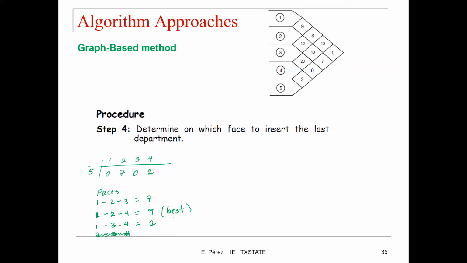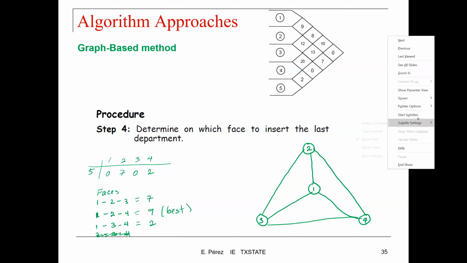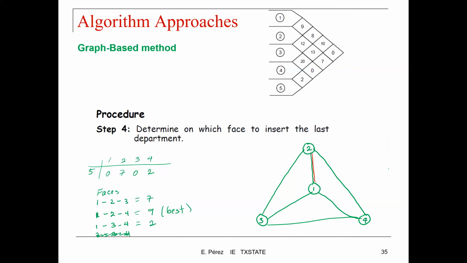So if I go back to my previous figure, which I have this, this, and this. This is 1, this is 3 and 4, and this is 2. What I'm saying is that I'm going to enter this last node 5 in this phase 1, 2, 4. So the phase 1, 2, 4 is this phase right here.